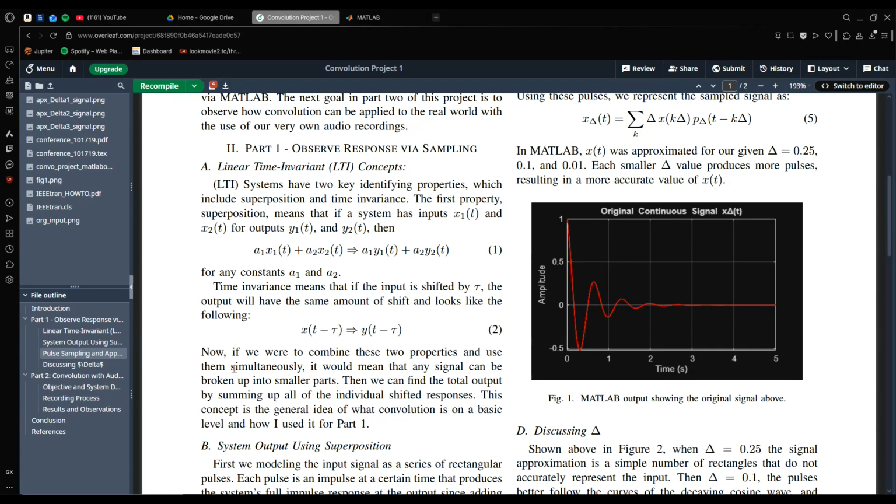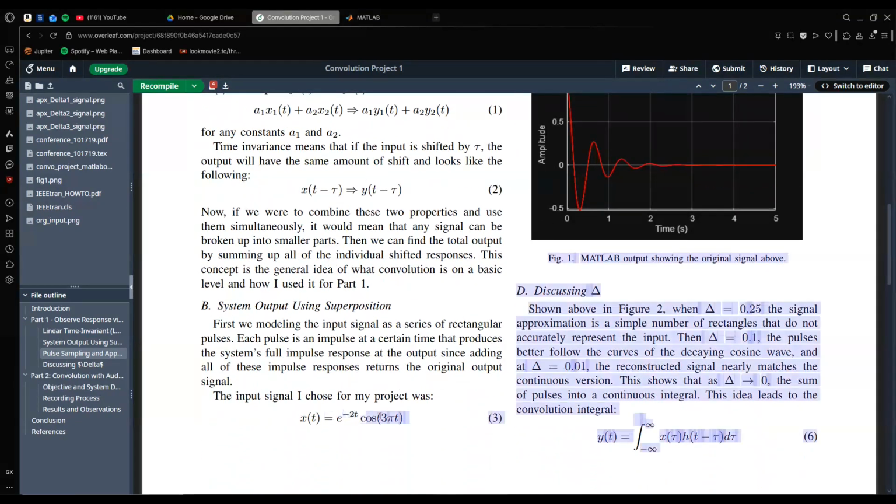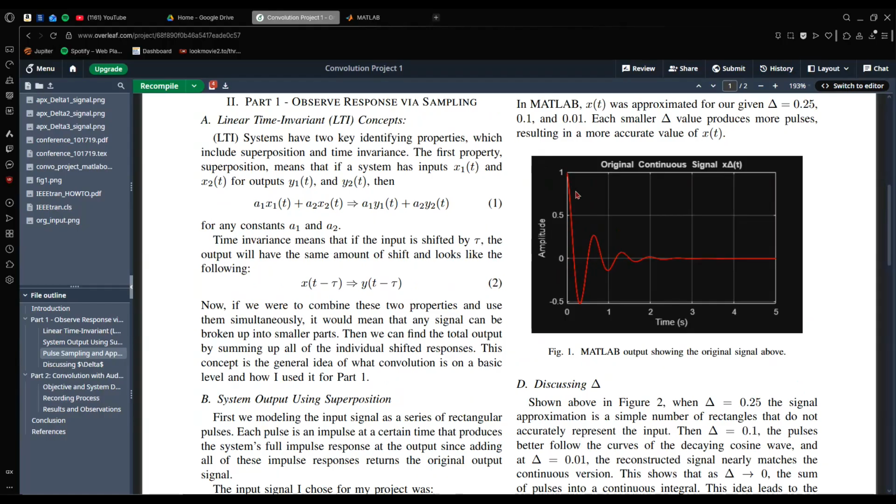Take a continuous signal x of t. We'll get more into the one I chose. If we were to sample its pulses, where each pulse is a small piece of this signal, and sum them all up, we would get an approximation of this original waveform.